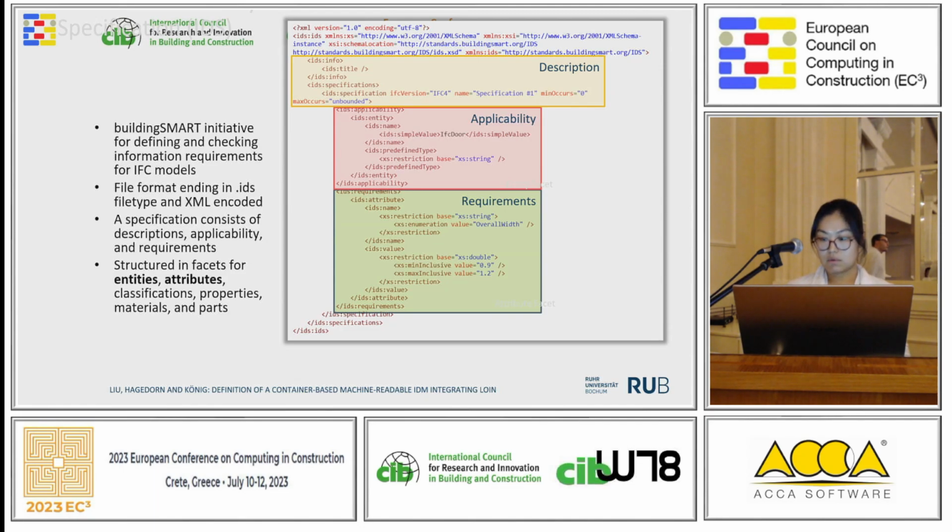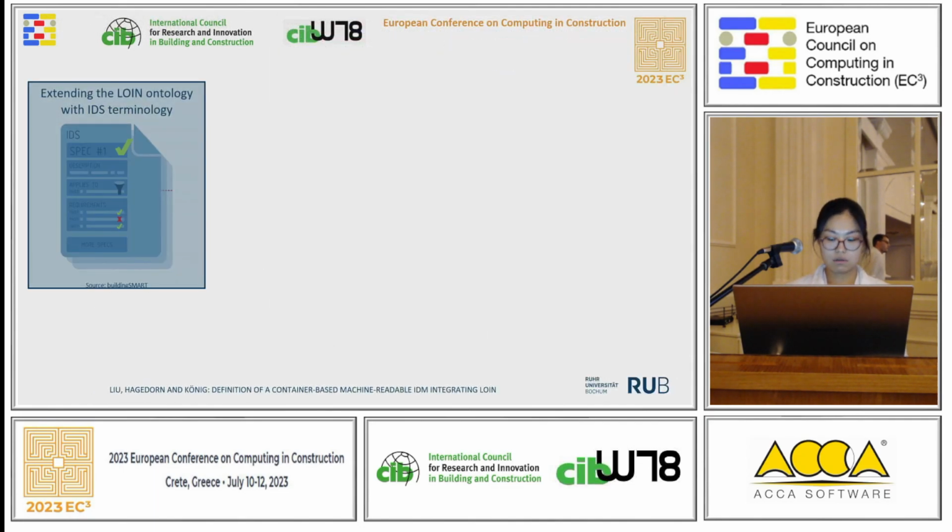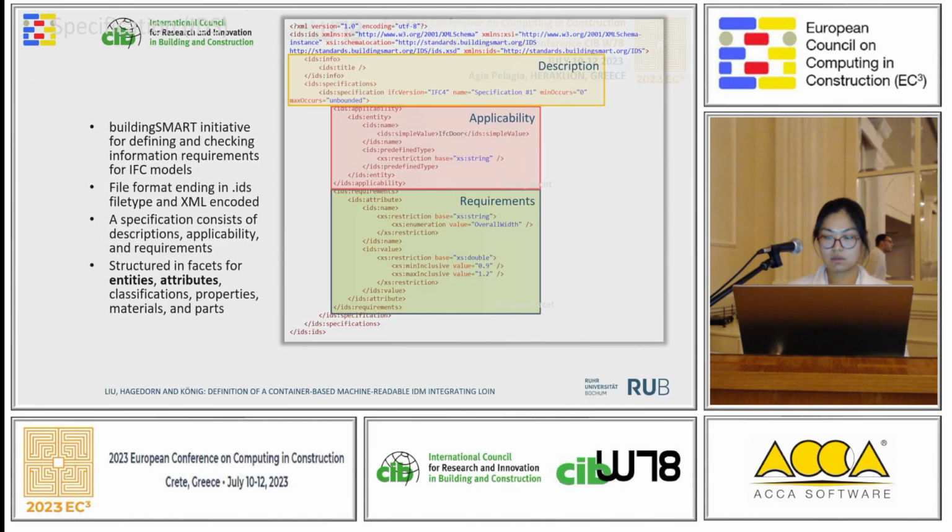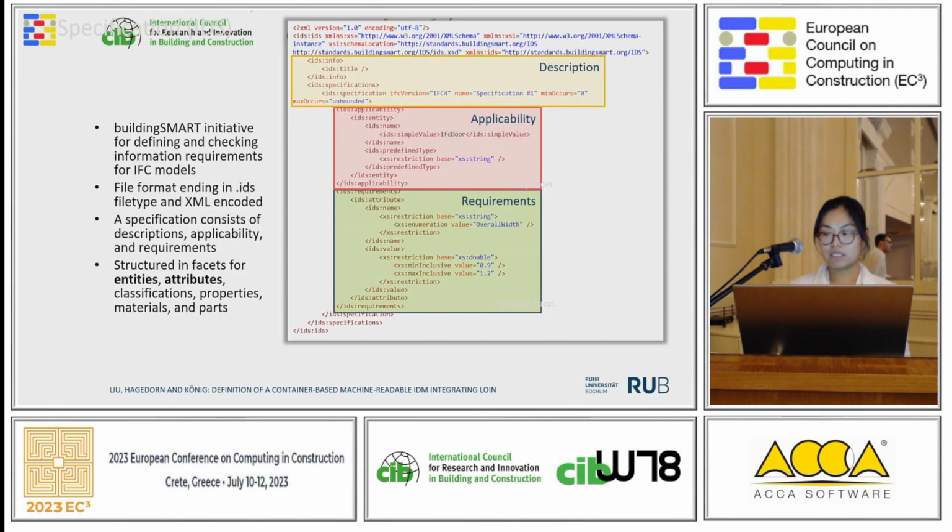There are six facets, like entity, attribute, and property, that are defined in the IDS, giving the detailed approach for declaring the exchange information requirement by IDS.